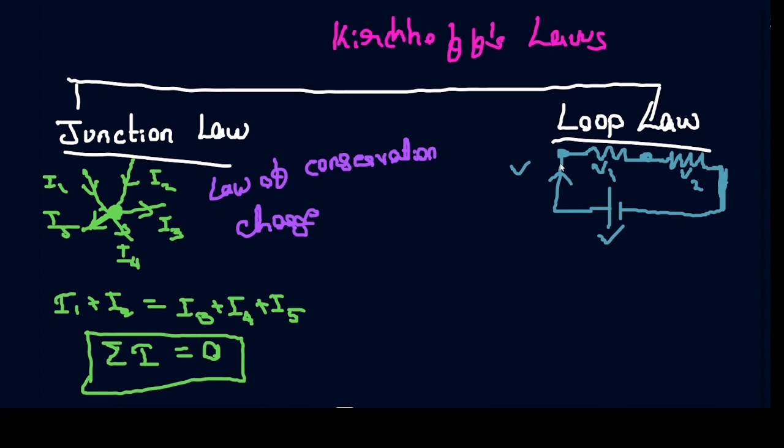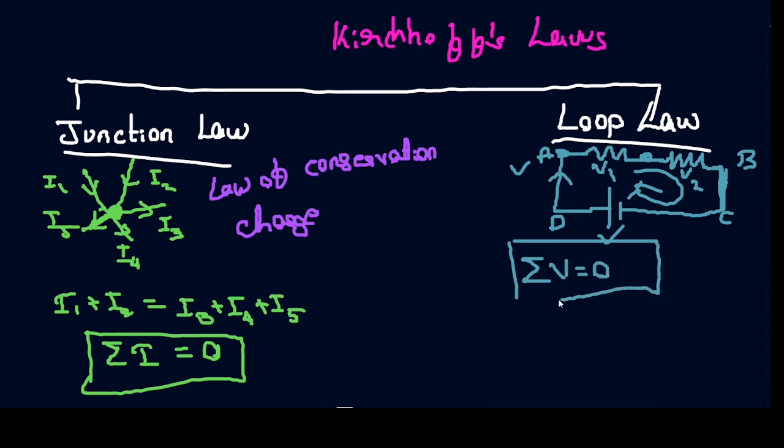But as a whole, if I consider the loop A, B, C, D, A, then the algebraic sum of all the individual voltages is equal to 0. This is the loop law, right? And this is based on the law of conservation of energy.